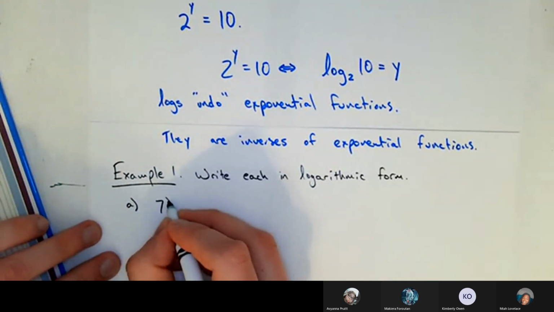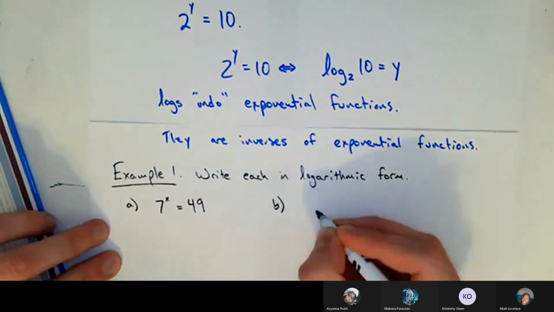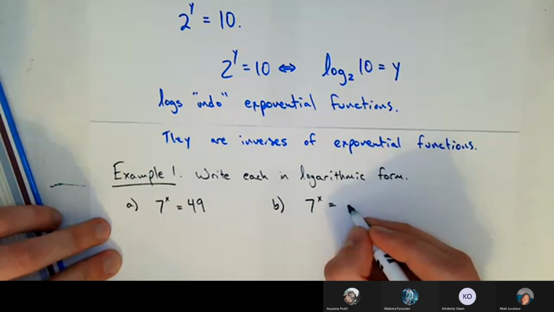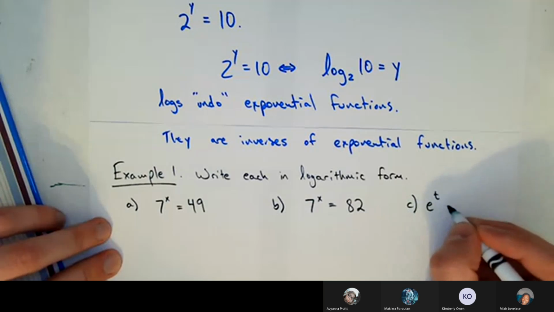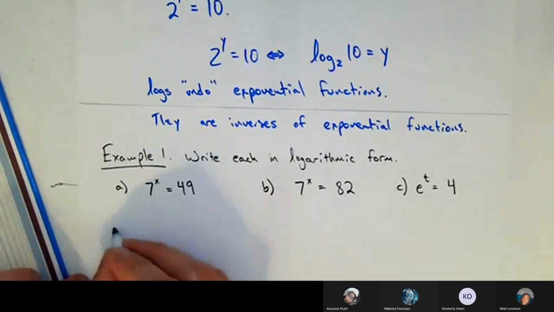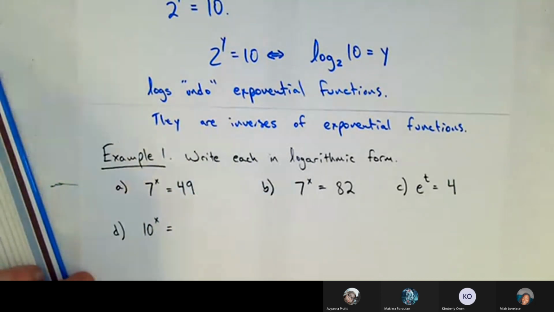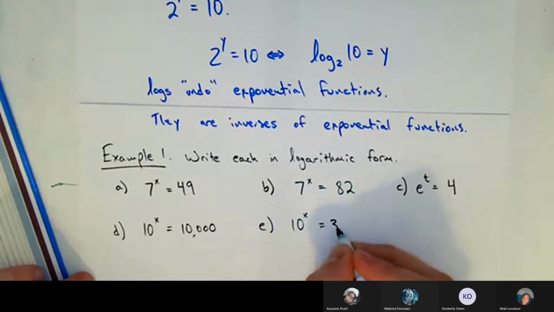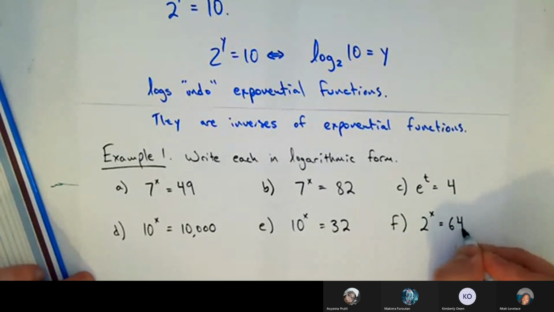Say 7 raised to the x is equal to 49, 10 raised to the x is equal to 10,000, and 2 raised to the x is equal to 64.